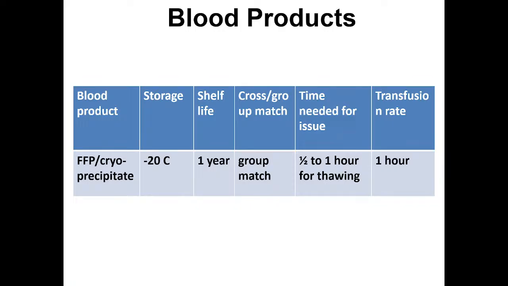Then blood products: we can give FFP or cryoprecipitate, which is stored at minus 20 degrees centigrade, shelf life is 1 year, and group match we can give, no need for cross match, not absolutely needed, but can be done for contaminant RBCs. Time needed for issue is half to 1 hour for thawing because it is frozen, and for the transfusion rate, within 1 hour we should give the whole dose.